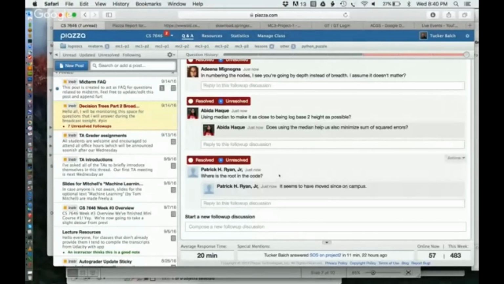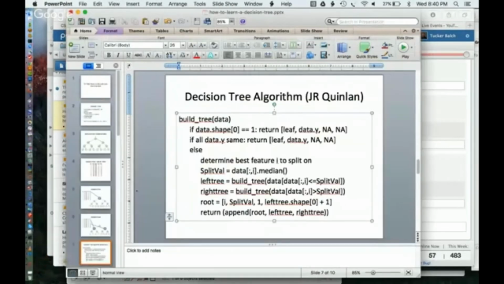Where is the root in the code? Ah, okay. Yes. When I was giving this presentation yesterday on campus, I defined the root, I think, up here. It turns out that as soon as you determine which feature to use and which split val, you already have all the information you need to define the root.